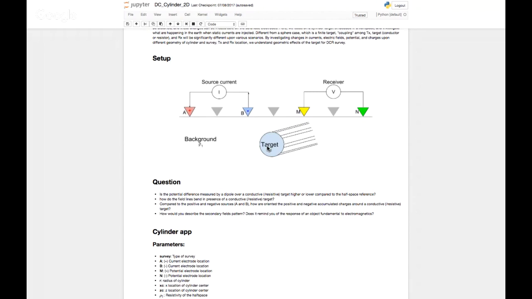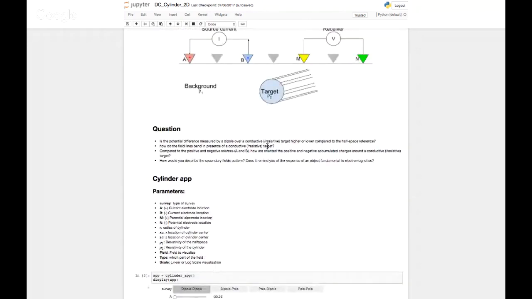As opposed to being so optimistic and saying yes, what other options might you try? Exactly. So, how big is it? How deep is it buried? Anything else? Resistivity contrast. Yes, you need to know the resistivity contrast with the host.